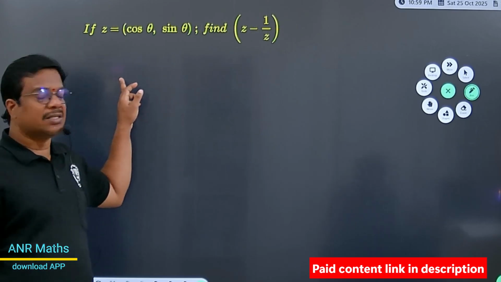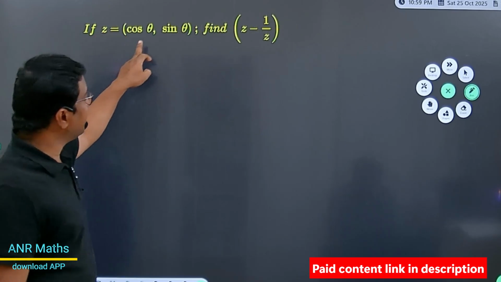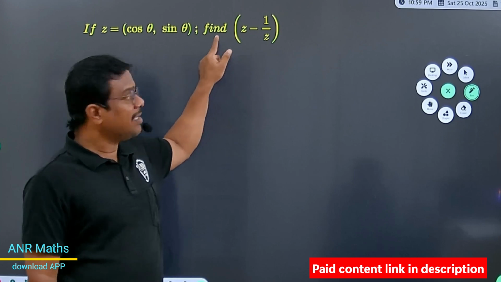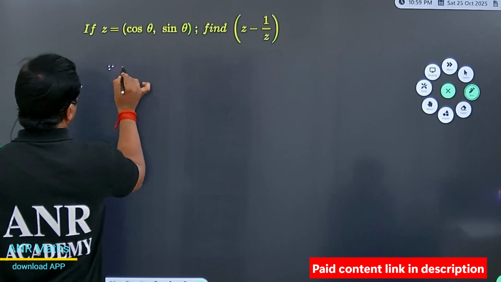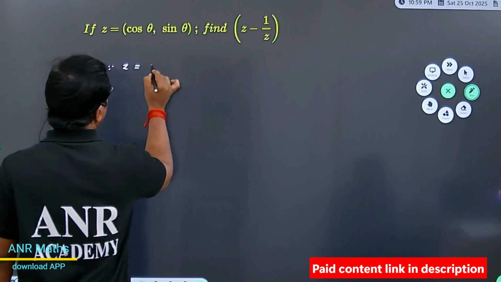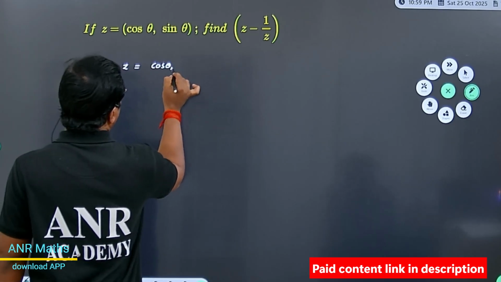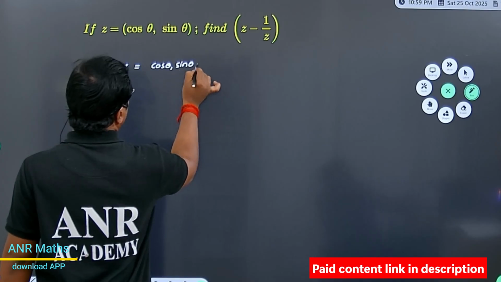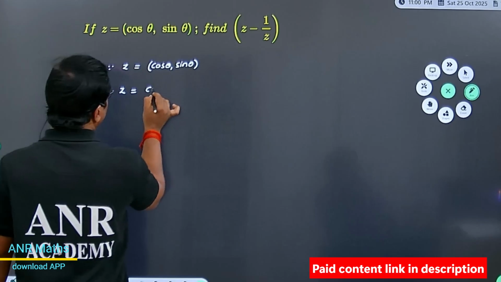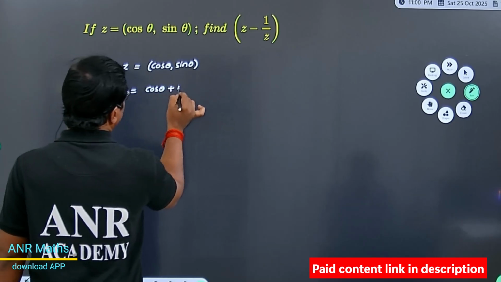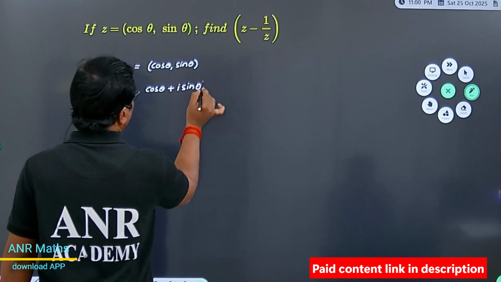Here the question is z equal to cos theta comma sin theta, find z minus 1 by z. Since z is cos theta comma sin theta, implies I can write z as cos theta plus i sin theta.